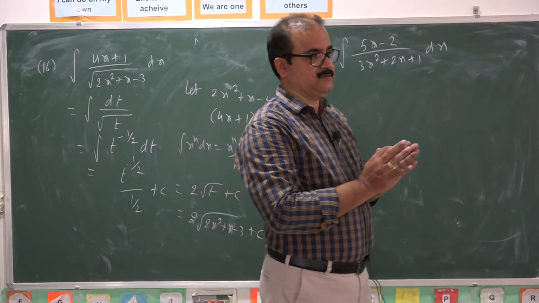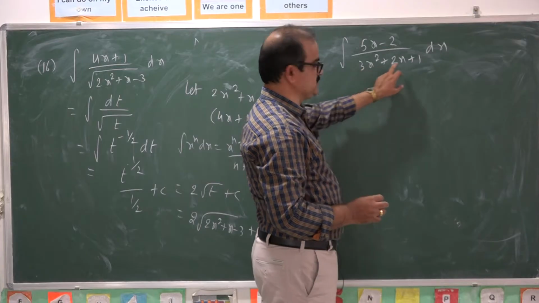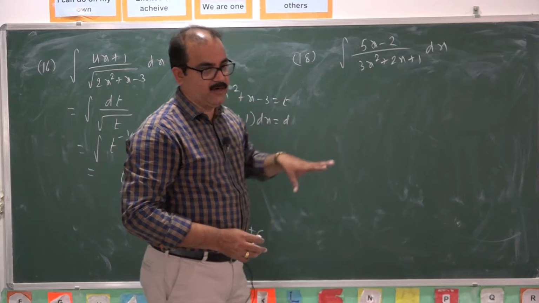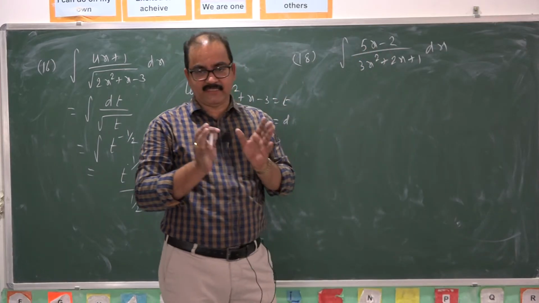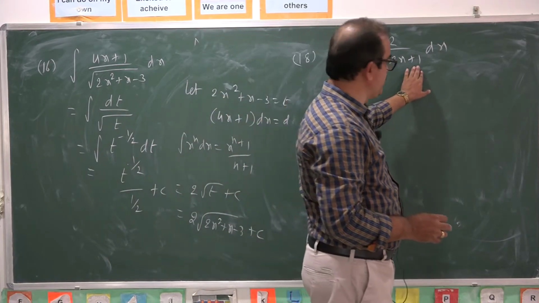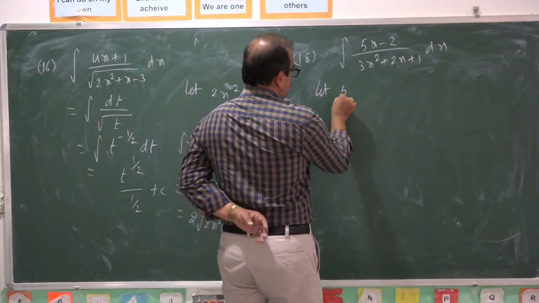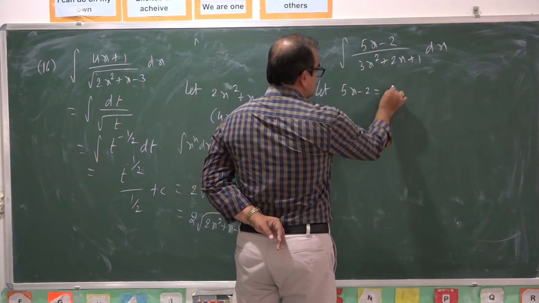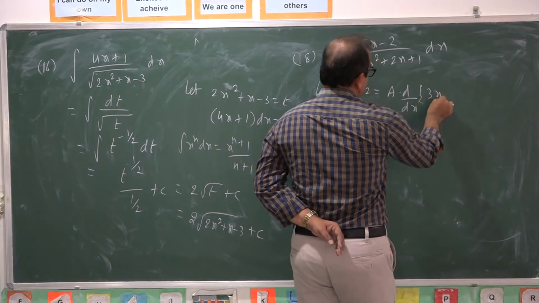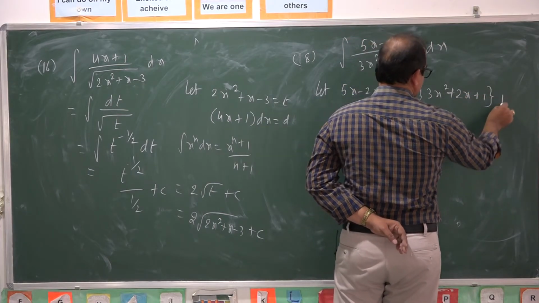There are 3 types. It is in the form of integral (px plus q) by (ax square plus bx plus c). If the integral is in this form, then we express the linear form as a into derivative of quadratic form plus b. Now let 5x minus 2 is equal to a into d by dx of 3x square plus 2x plus 1 plus b.